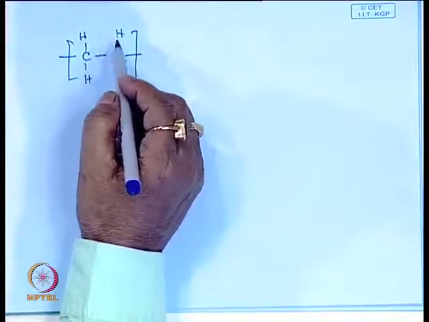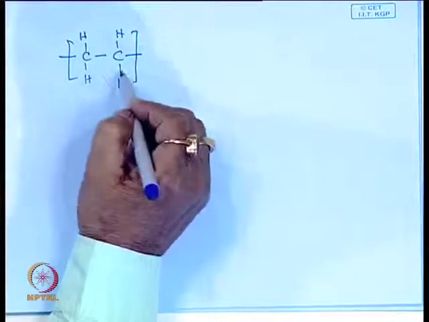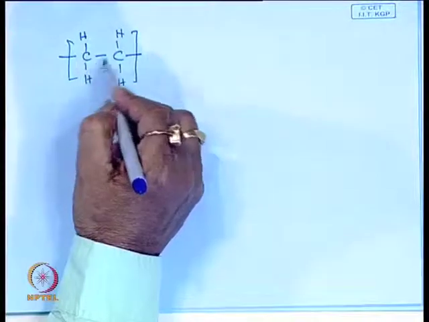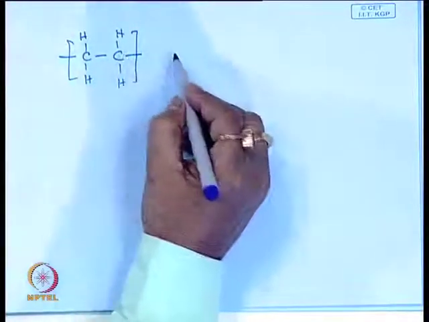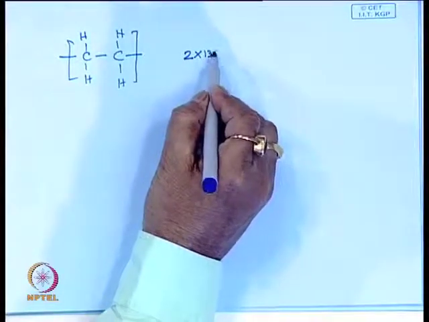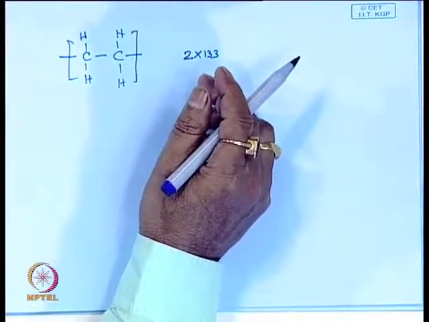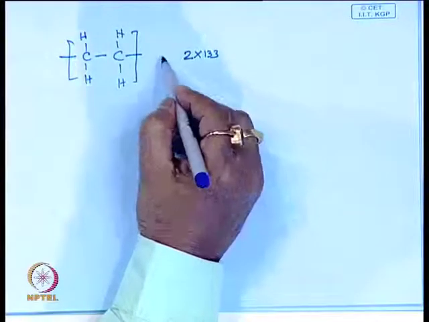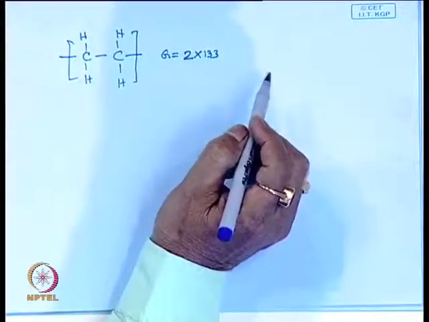So, the contribution due to this CH2 group is there. In this polymer, per repeat unit there are 2 CH2 groups. So, you can have this total value for this repeat unit, 2 into 133. In the previous formula you see sum of G values; here you write G is equal to 2 into 133.